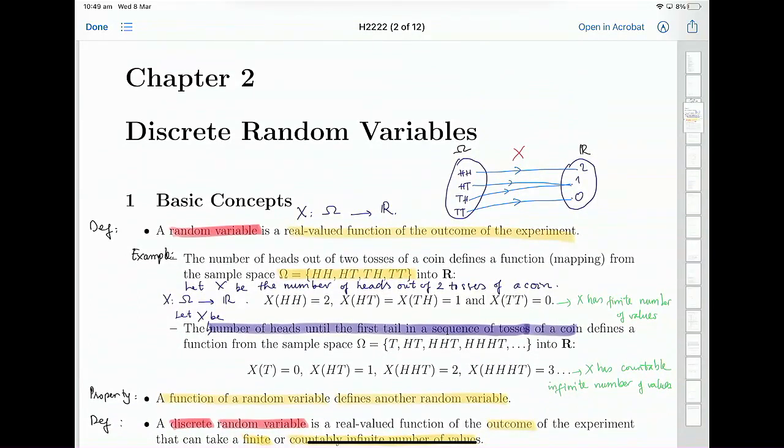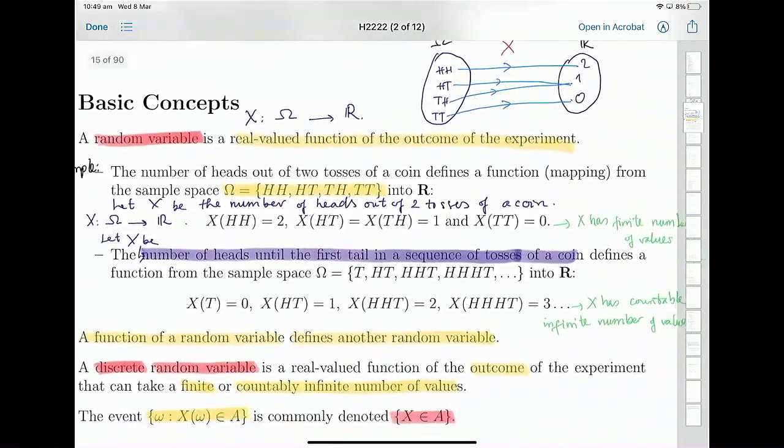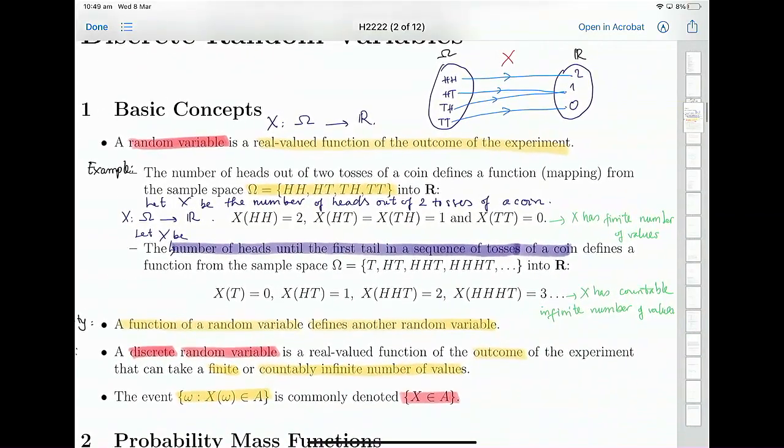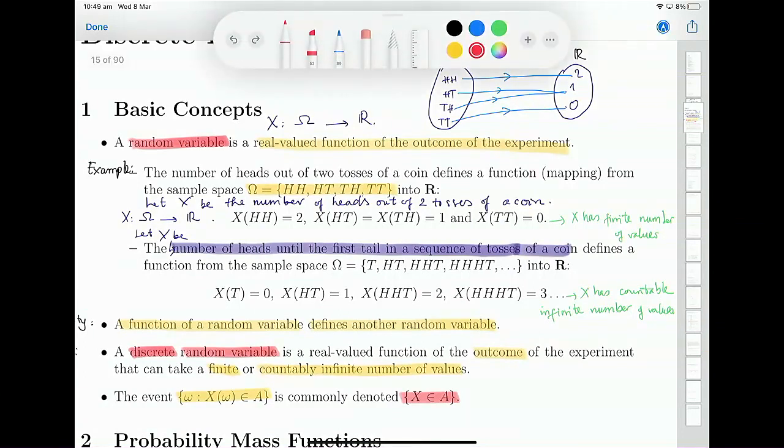All right. So this is an example. If I let X be the number of heads out of 2 tosses of a coin.